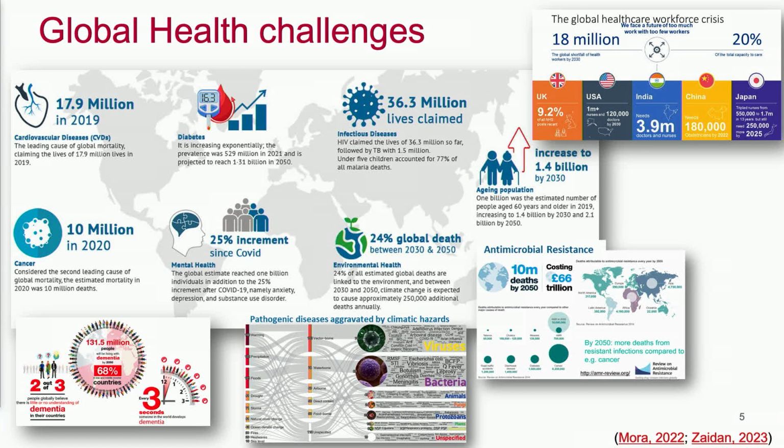Here is a view of the global health challenges that we wish AI will address one day. First, public health systems worldwide have to provide rapid responses to health threats, such as pandemics or outbreaks.